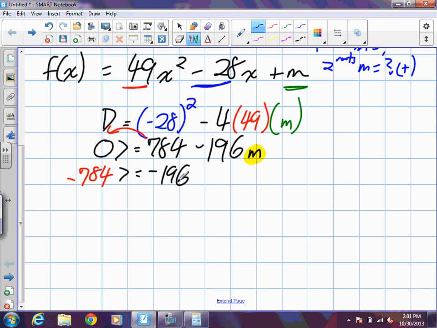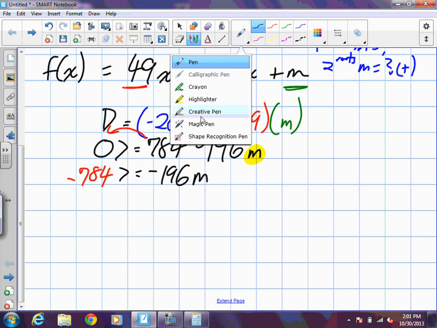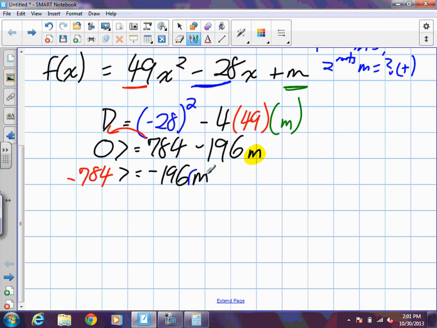This is an ugly one to do. Okay, that's fine. In order to isolate m, what do we have to do with this value? Yeah, sorry, I don't know why there's an equal sign. That shouldn't be there. This inequality stands for it. So, we need to divide by this.